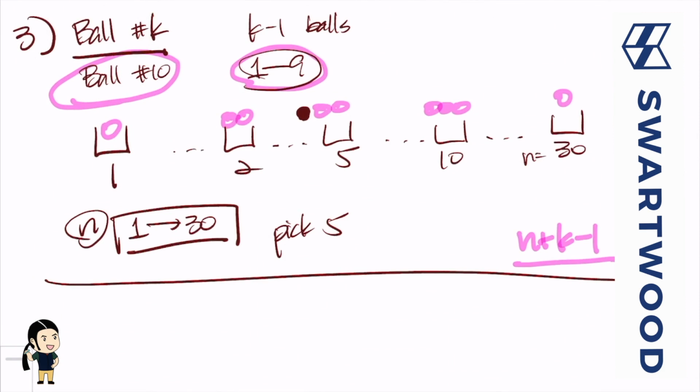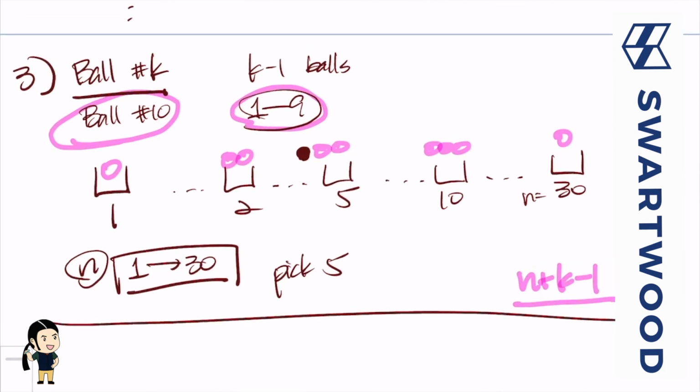But let's see. Where are those extra choices coming from? Well, just like before, let's go back and pretend. If I place the 10th ball and I pick box number 1, that would represent being the first, or leftmost, ball in box number 1. But there's another option. So we have n choices so far, and we need to add one more choice.